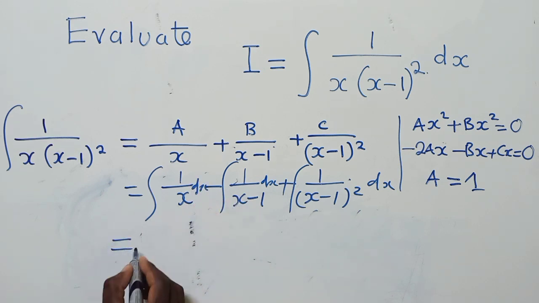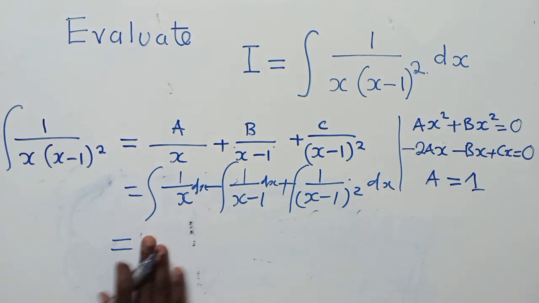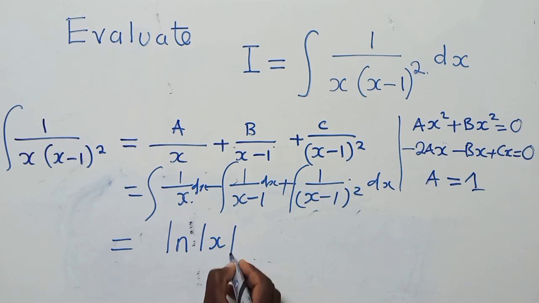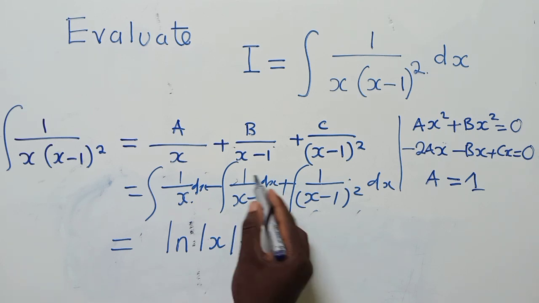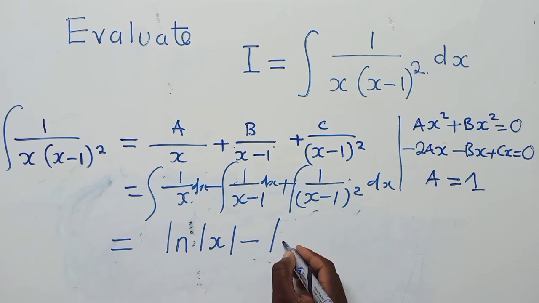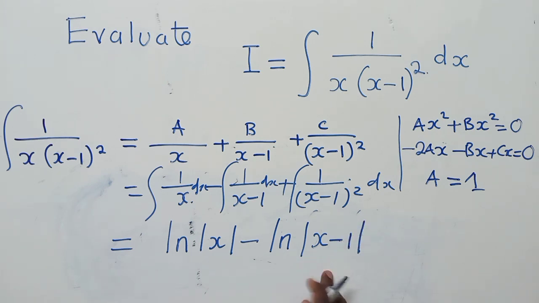The integral of 1 over x will just be ln of x. Minus the integral of 1 over x minus 1, which will also be ln of x minus 1. So this is the solution.